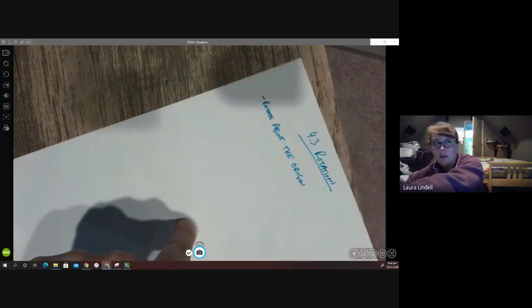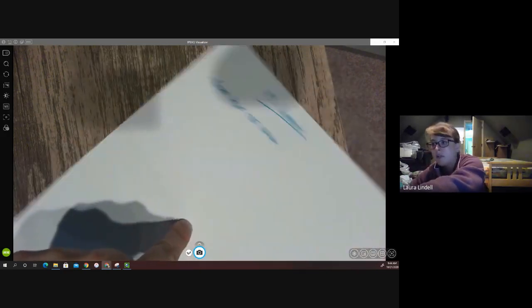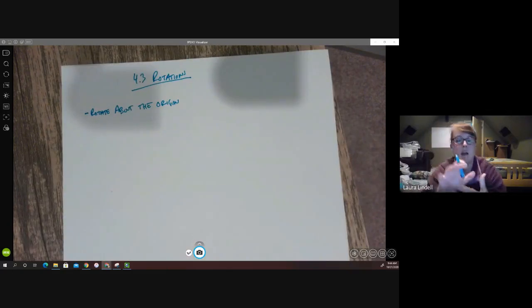So that's the point that we're holding still and spinning that object around. And then when we are rotating, we're going to be given specific instructions about how much we're rotating and what direction.